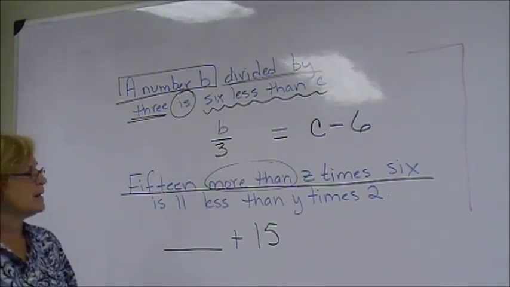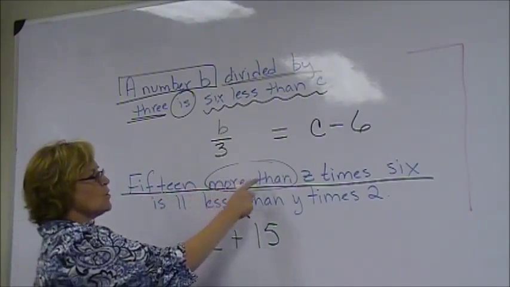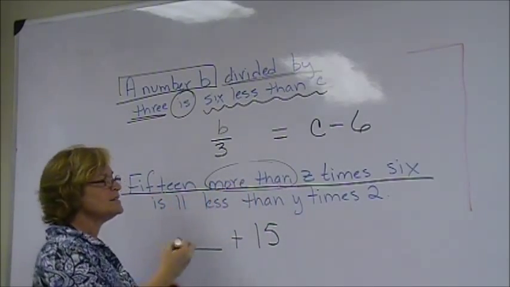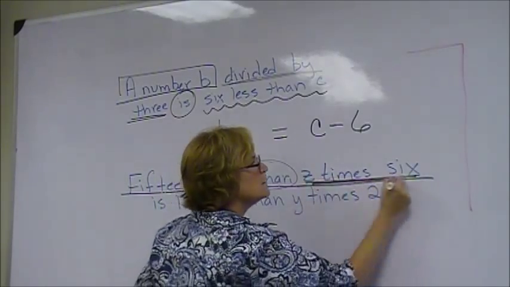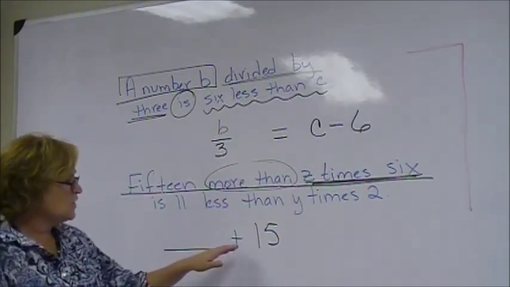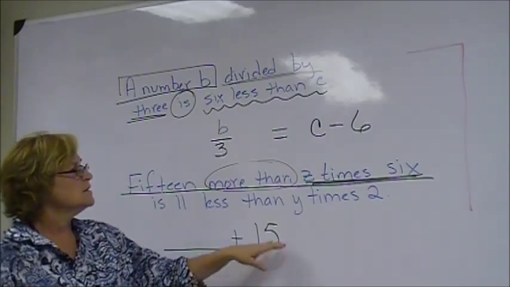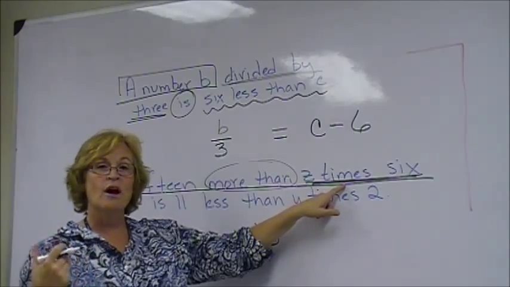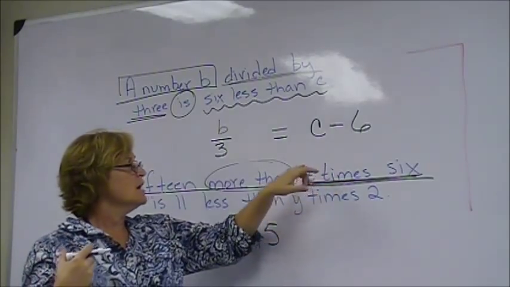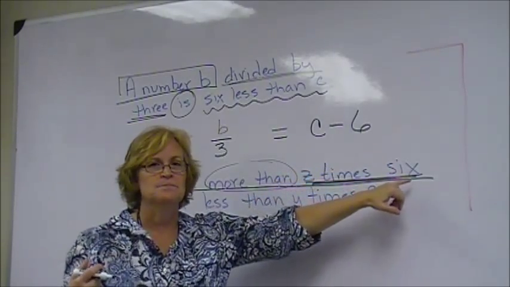So let's keep reading. 15 more than, ooh, more than what? Z times 6. So I added 15 to the, ooh, times means product, to the product of z times 6.